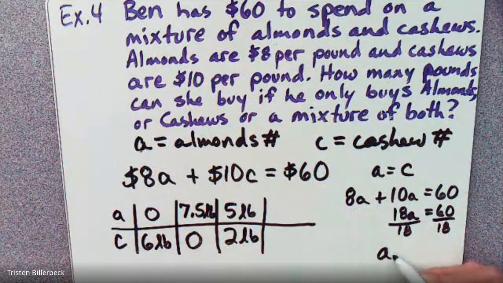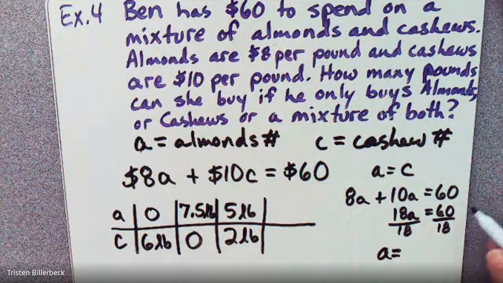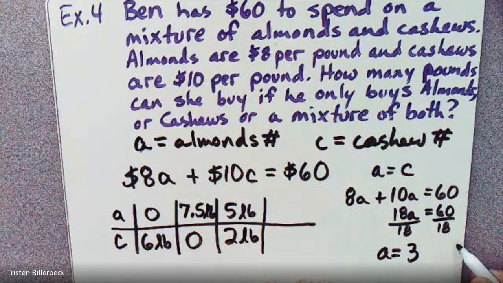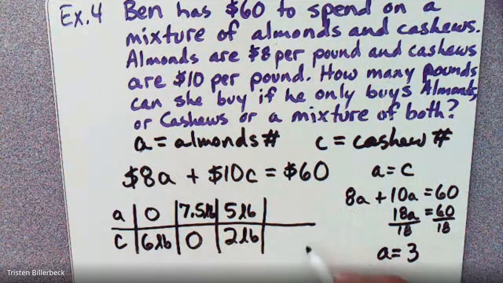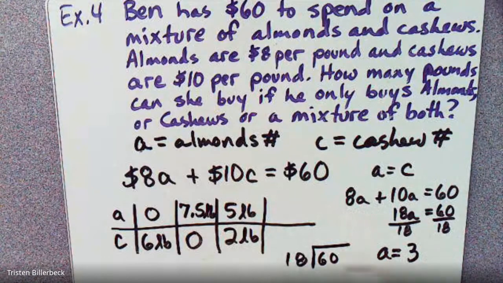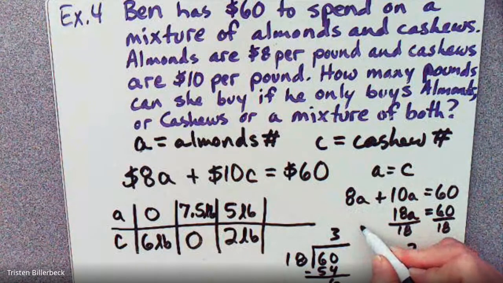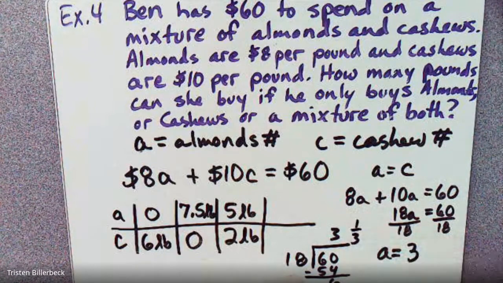Let's see, 3 times 18 is 54, and we have 6 left over. 6/18 is 1/3.